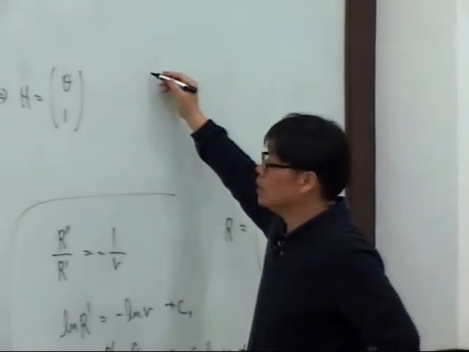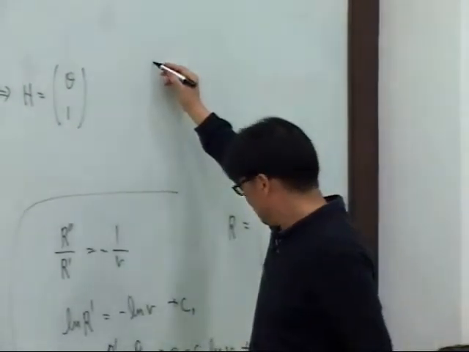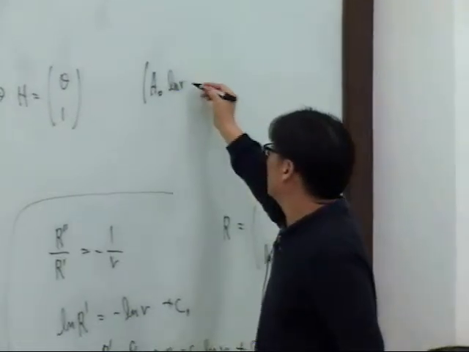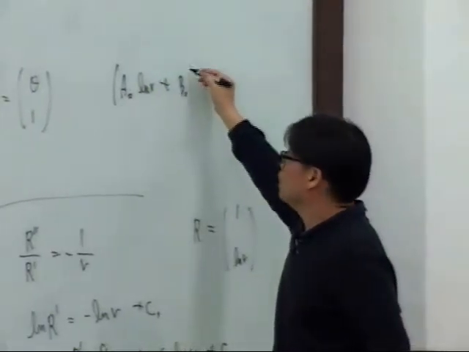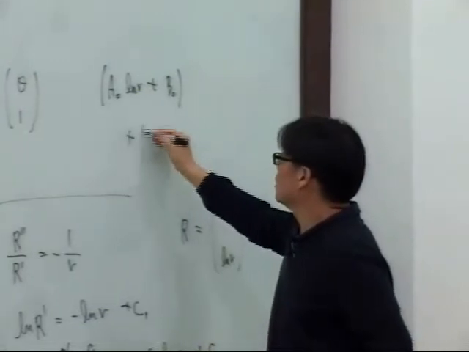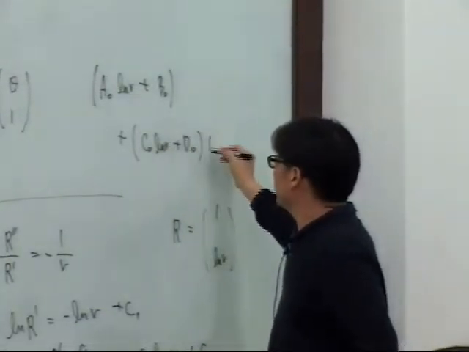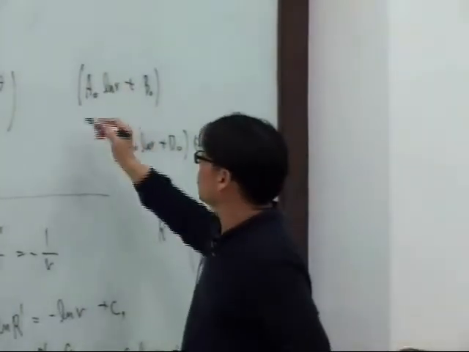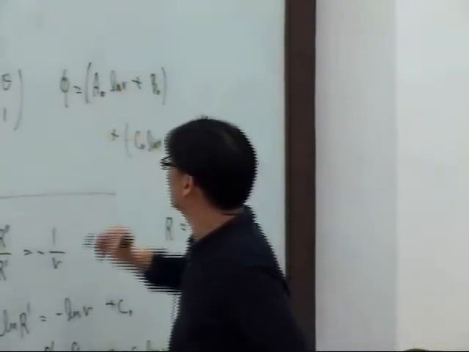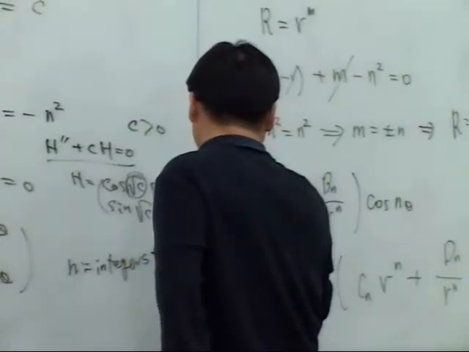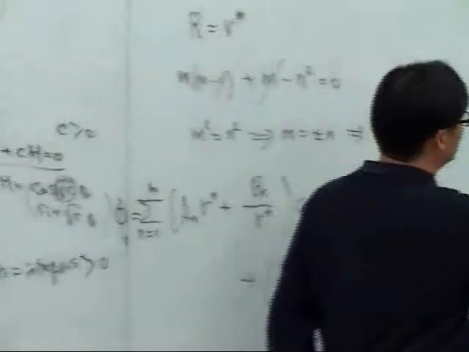How do I write this? Okay. A naught plus B naught plus C naught log R plus D naught theta. Okay. So let me call phi 1 and phi 2.